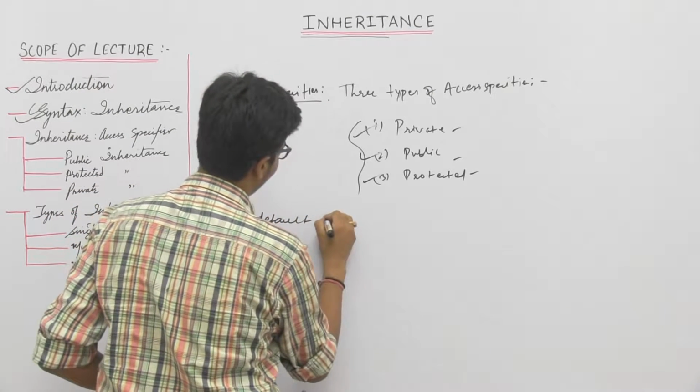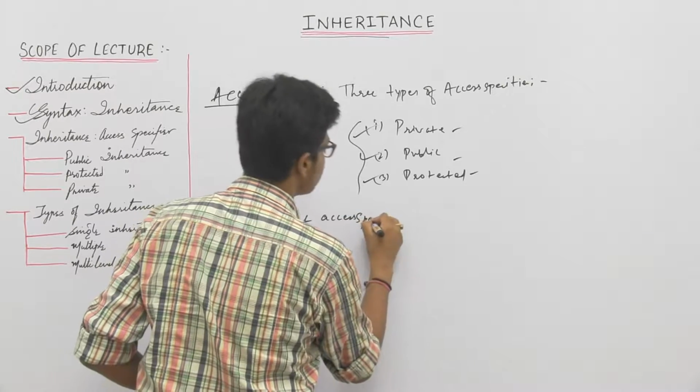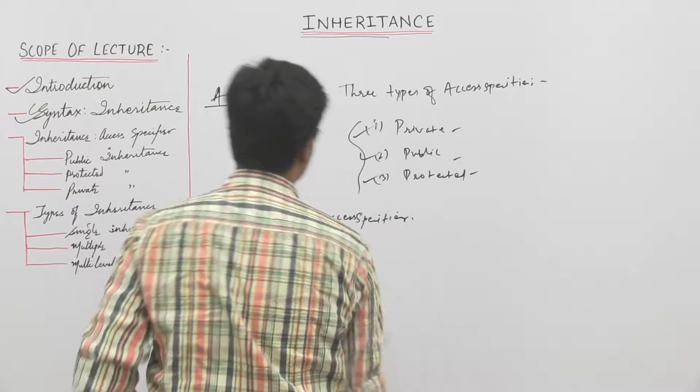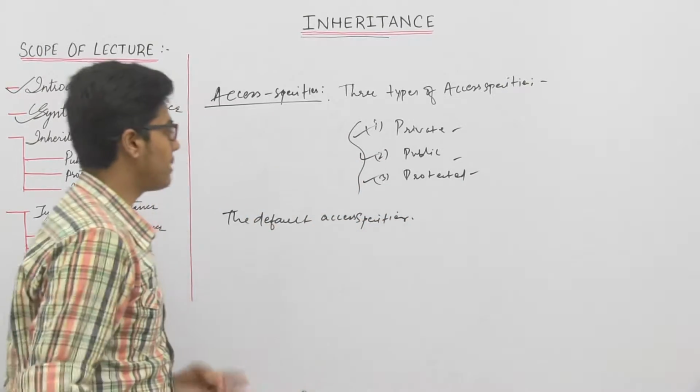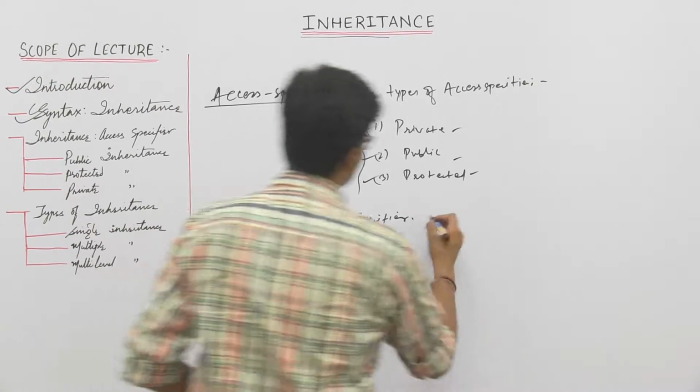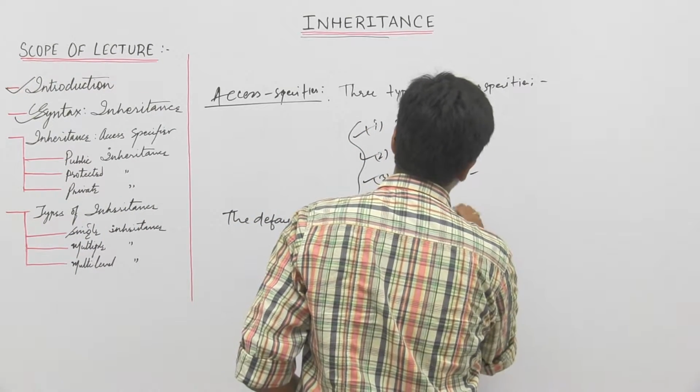If no access specifier is mentioned in inheritance, then the compiler takes the default access specifier, which is private.